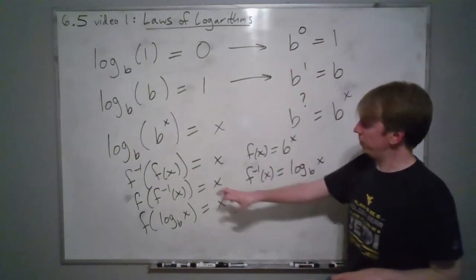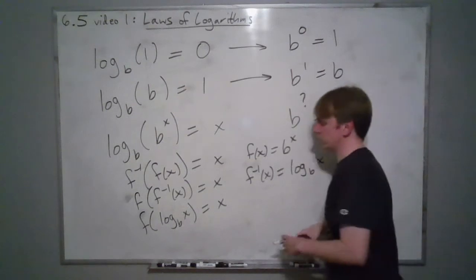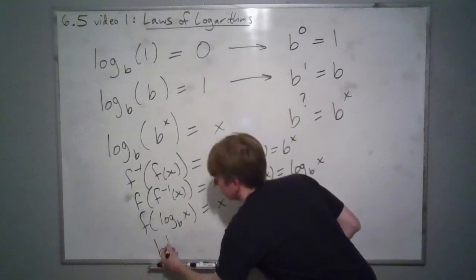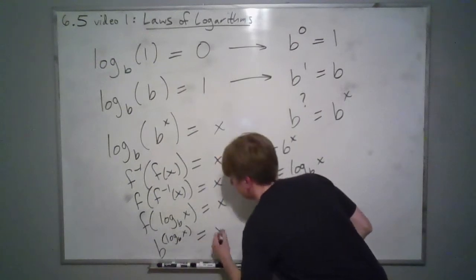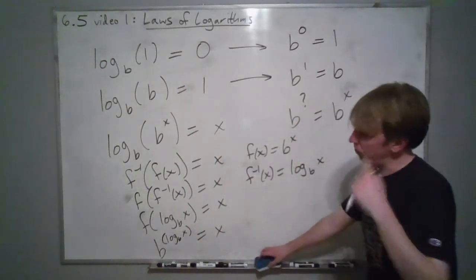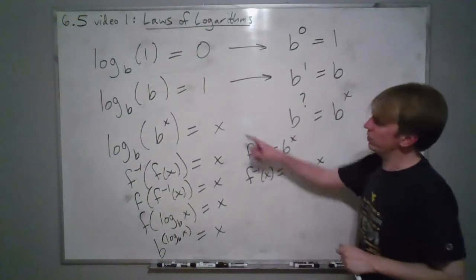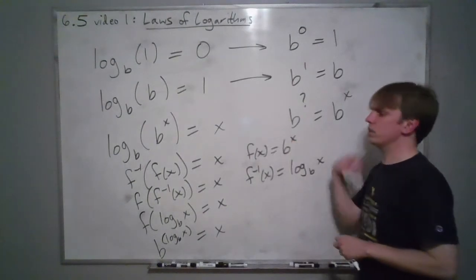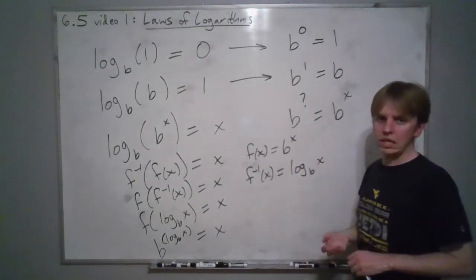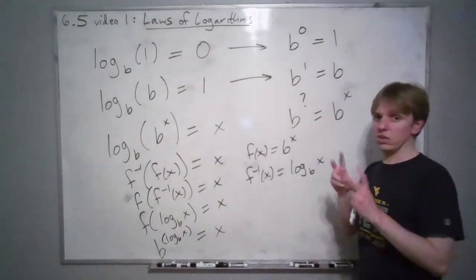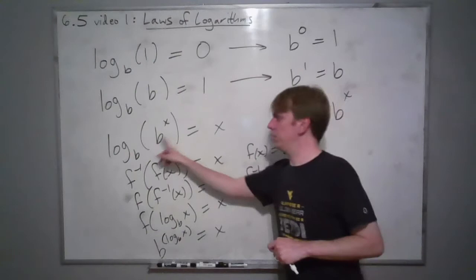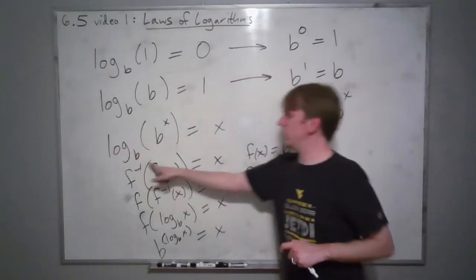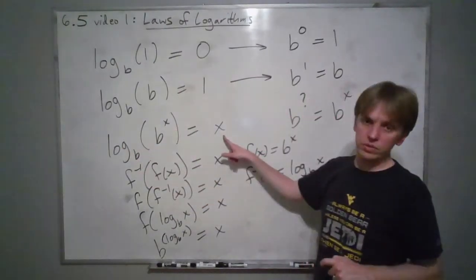So f of big mess is equal to b to the big mess. And so there's actually two ways that we can see this rule. One is if we take a log of an exponential and they have the same base, then the log and the exponential essentially cancel. The b and the log base b cancel out, and you just get x left over.